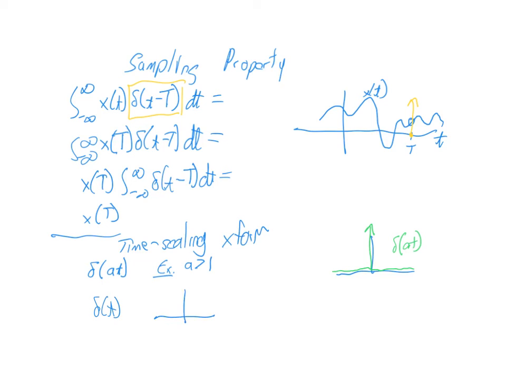Now, the original delta, we had, remember, that triangle model. And the triangle model said the area of the triangle is 1, and we represent that as a base 2 tau and a height of 1 over tau.